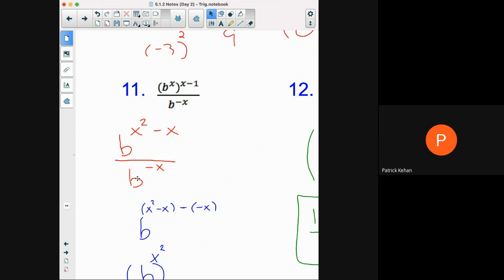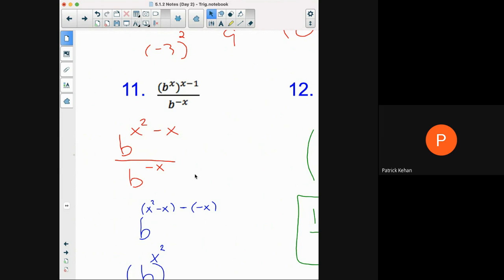And then it's divided by b to the negative x. Both the numerator and denominator are in the same base, b. So we're going to use that quotient property and subtract our exponents. So it's going to be x squared minus x minus negative x. And be careful, if this denominator has 2 terms in it, you want to group it so you make sure you distribute this negative correctly.